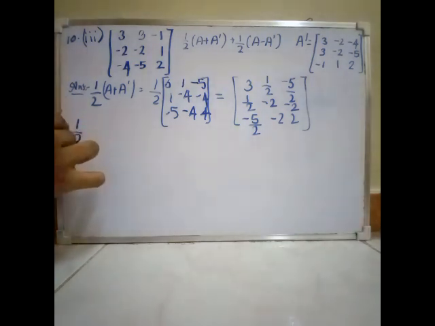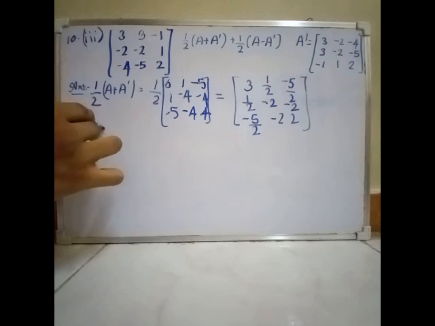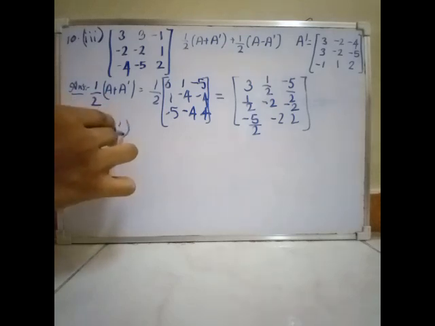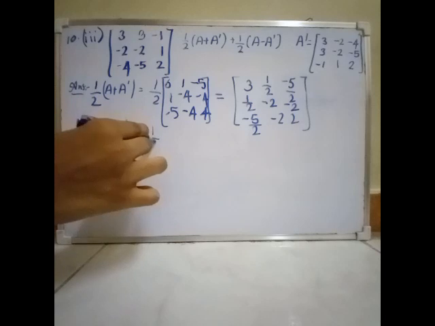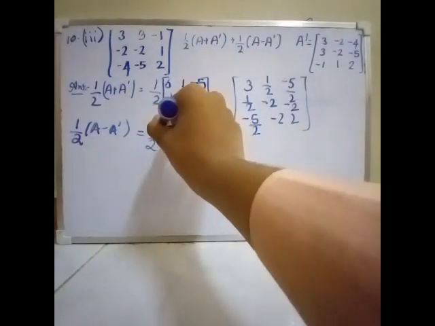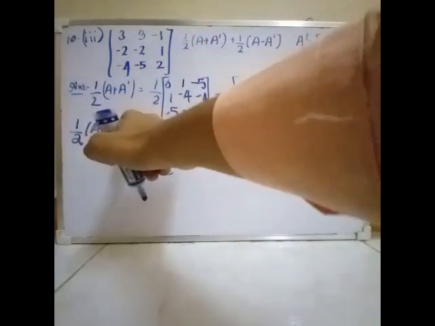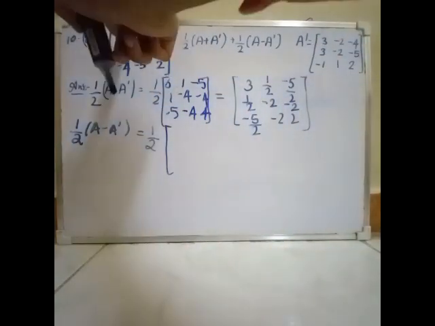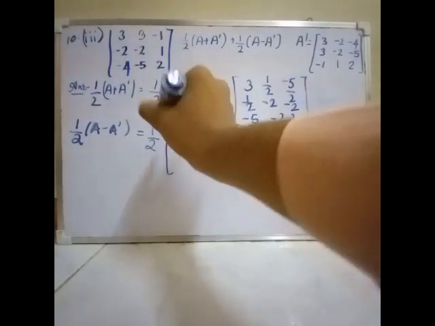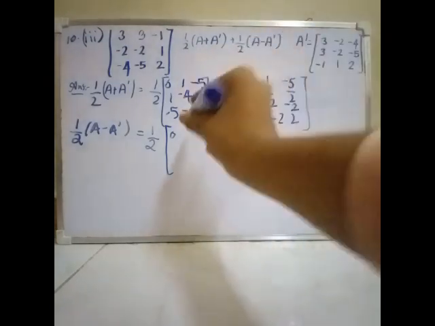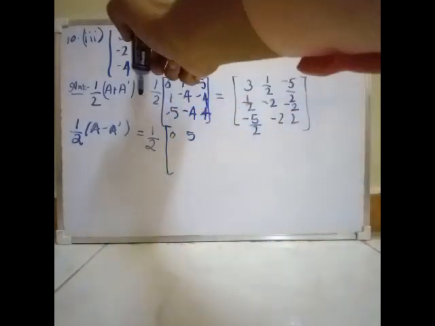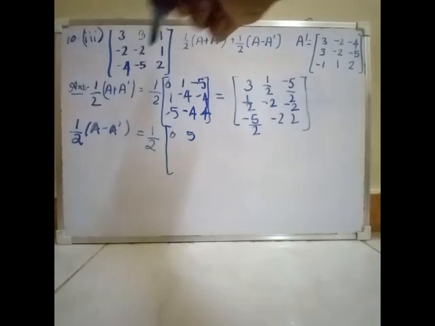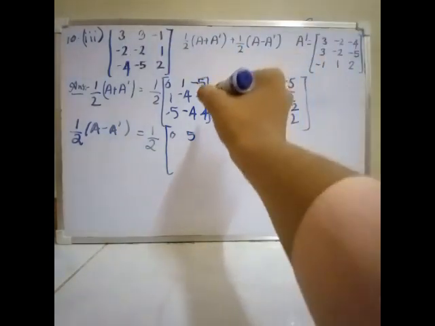So now let's do the second part, half A minus A dash, right? Let's do what's inside the bracket first, then let's do the half of that, right? A minus A dash, this minus this, right? 3 minus 3 would be 0. 3 minus minus 2 would be 5, right? Minus 1 minus 4, that would be minus 1 plus 4.